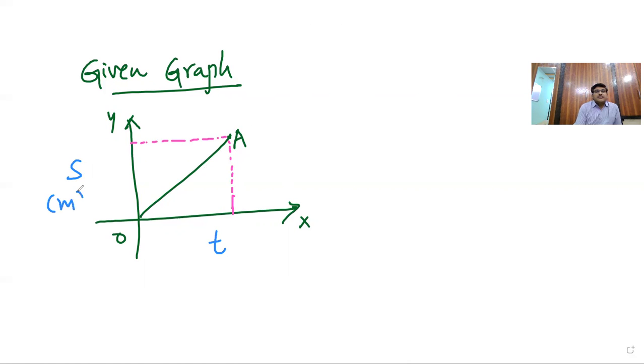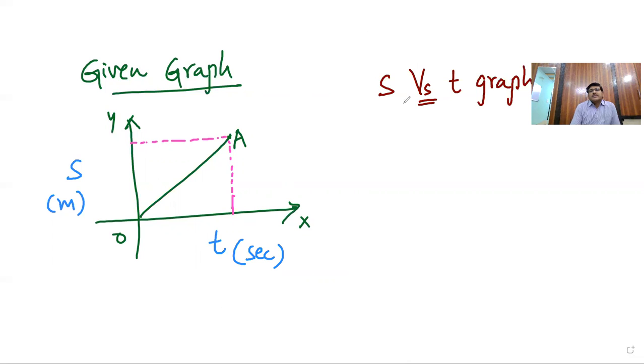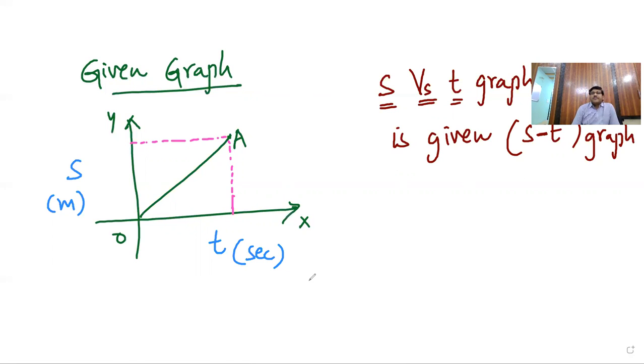It is in meters, I am writing in brackets. It is in seconds. Here, the S versus T graph is provided. We simply say ST graph. ST, not S minus T, it is ST graph. ST graph is provided. Clear?